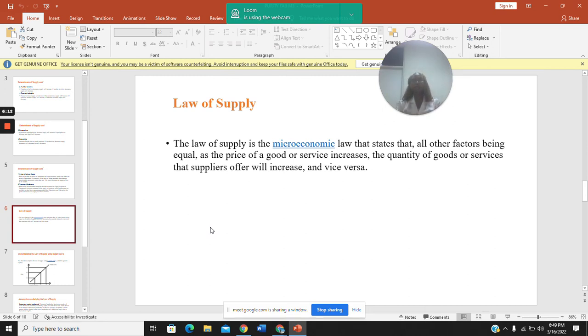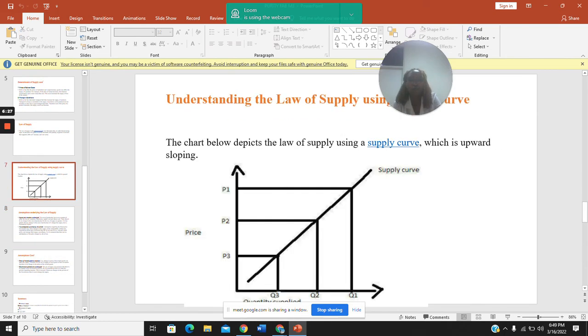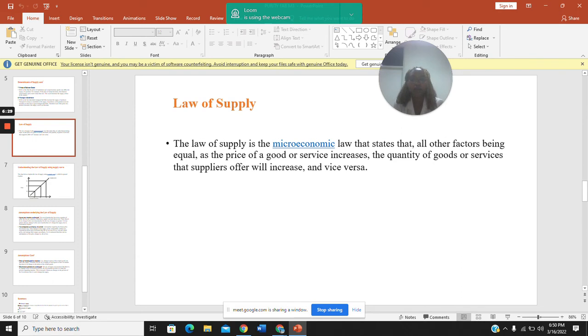This means that the suppliers will be willing to produce and offer more goods when the prices are higher, and they will offer less when there is a decrease in price.